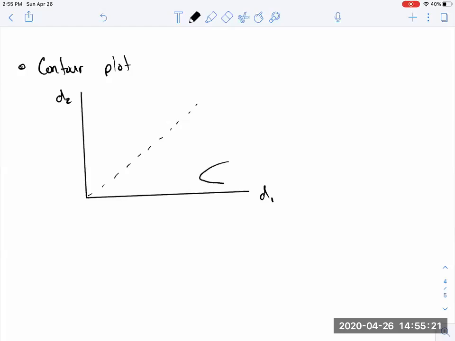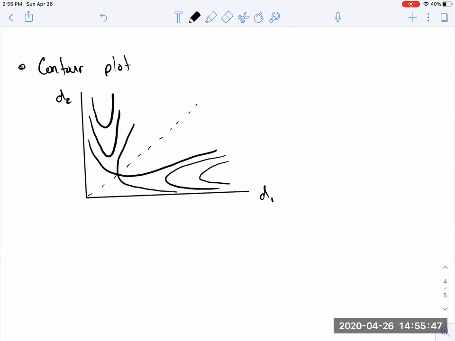I have my reactant channel, product channel. Those are locally harmonic. If I was going to draw contour lines, it would look like this. And now let's draw that saddle point, something like so. All right, so that's a contour plot.